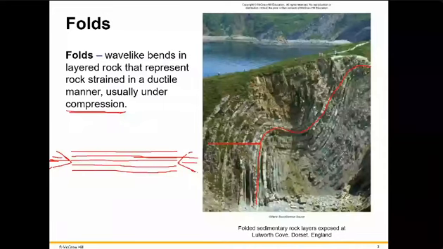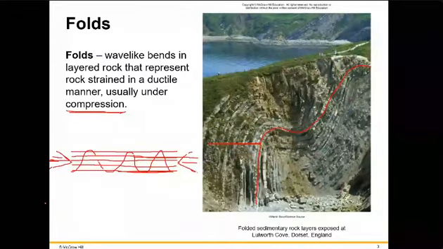Do we understand this? So in your exam, if you see what is a fold, you just need to tell me there are wave-like bends in layered rocks, okay, that are formed by compressional stress and they represent ductile deformation. Does that make sense?